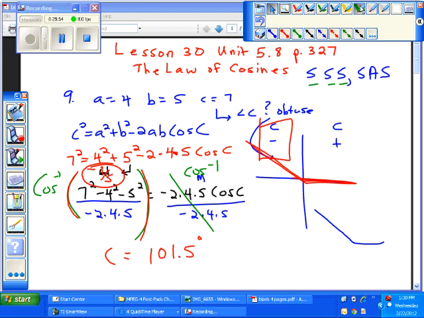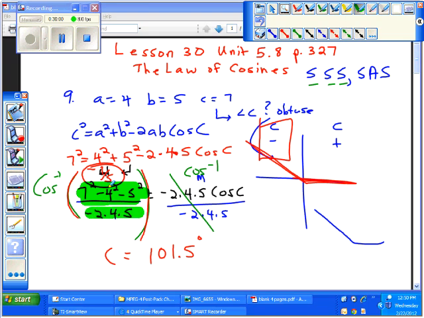I want to show this again. If we solve this stuff in here, all this stuff in here turned out to be a negative, and we're saying we want to know what angle has a cosine of negative something.